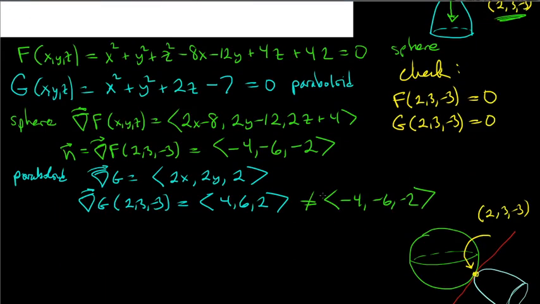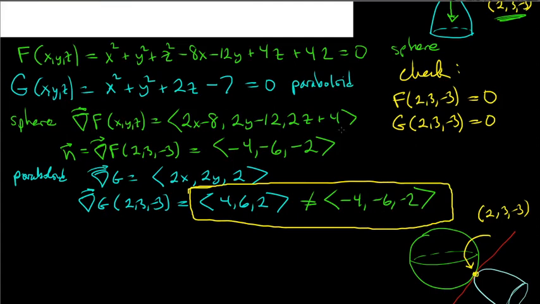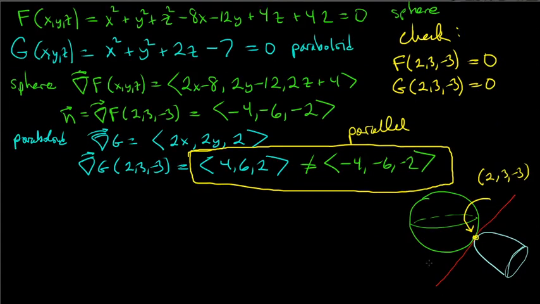So as long as these two vectors, they don't have to be equal, but they have to be parallel, right? And they're certainly parallel vectors. Just multiply by negative 1. So the gradient of G at the point 2, 3, negative 3 is just the opposite, negative 1 times the gradient of f at the same point, 2, 3, negative 3.